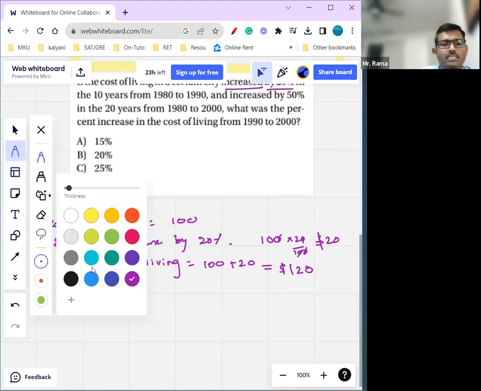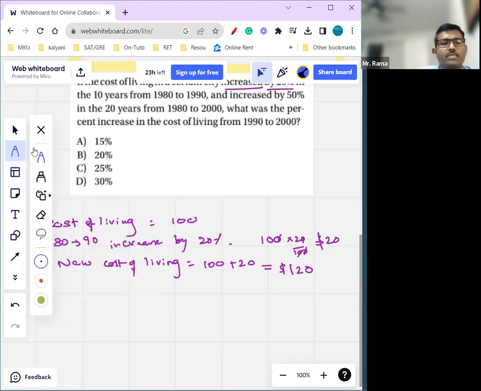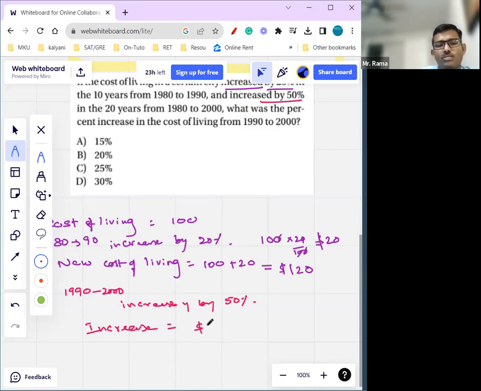But what happened from 1990 to 2000? Again, it went up by 50%. Now I'm going to find out what that 50% is. It is 120 now, but it went up by 50%.